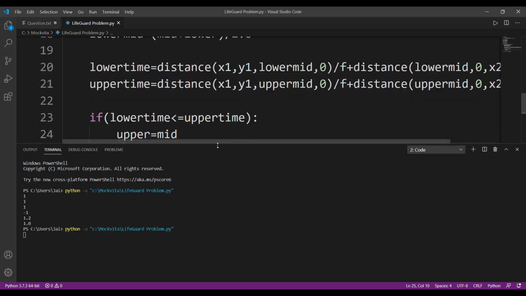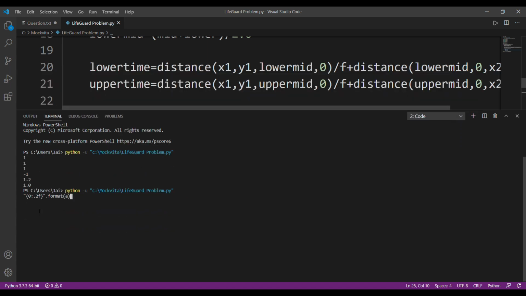Otherwise I might even pass all the test cases, but I will get a presentation error. Okay, so what were the coordinates? 1 1 1 minus 1 1.2. Great, 1.000. Perfect, done. So this was how we were supposed to print it.